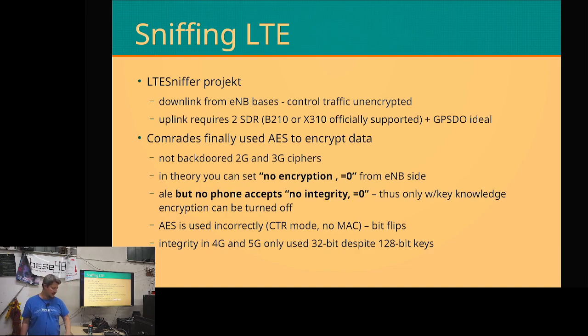And the GPSDO is something that synchronizes your clock to the GPS, which base towers usually use. It's ideal, and not so expensive. It's like 160 euro or something like that.